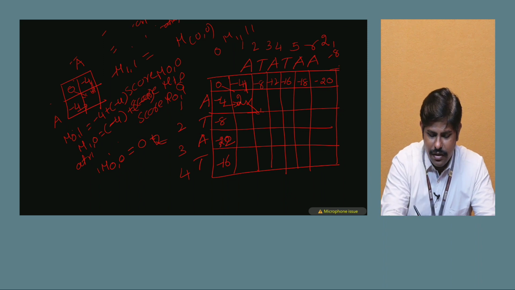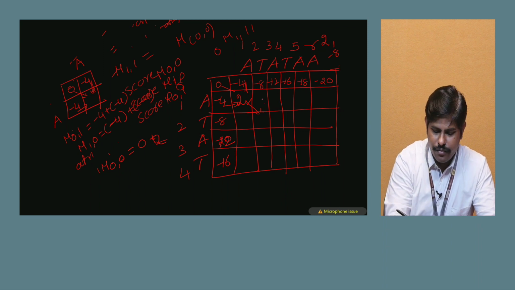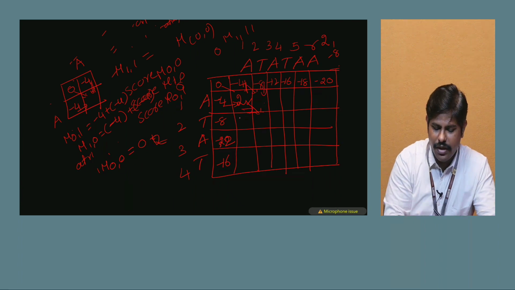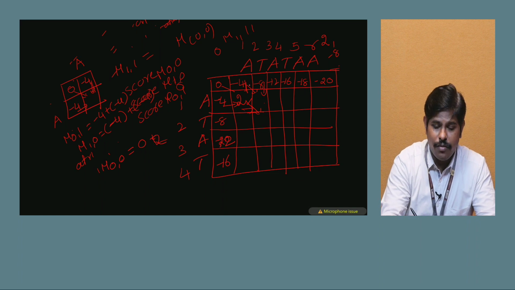Now I will go to the next cell. This cell can get score from the diagonal direction and the horizontal direction. From the diagonal direction the previous cell score is minus 4, and here T and A is a mismatch. So minus 4 plus minus 2 gives minus 6.